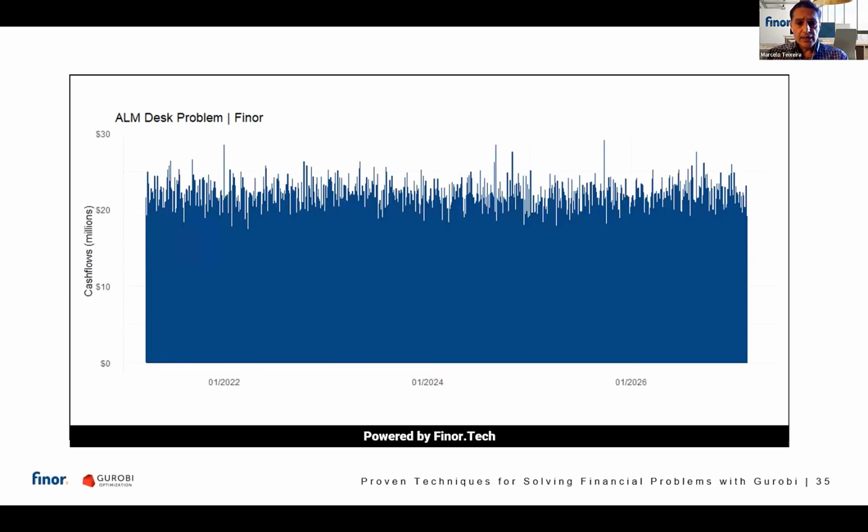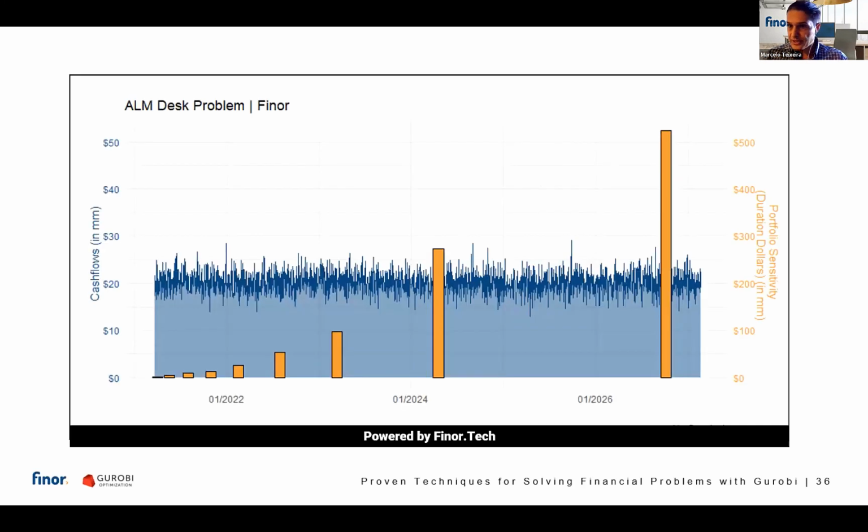So just to show what we did, this could be any credit portfolio. You can see each blue bar is a cash flow, and you have thousands of them. In this case, I think we used 200,000 cash flows. So it's quite a problem to solve. So we use a code to actually translate all those cash flows into their risk.